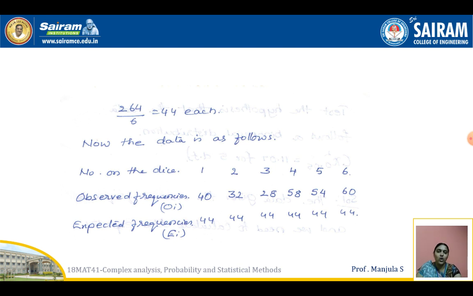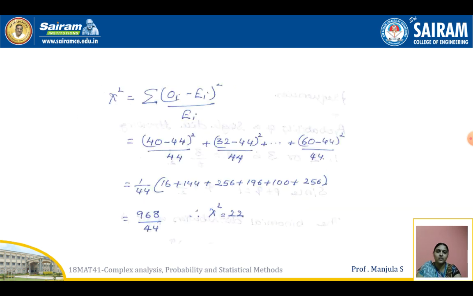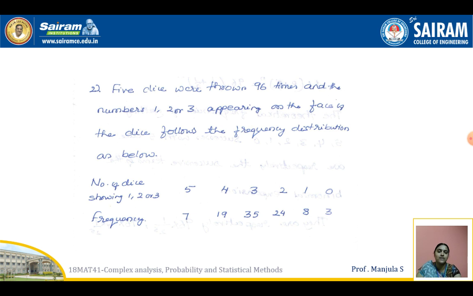Now we know the Oi and Ei values. Substitute these values in the formula: chi-square equals summation (Oi minus Ei) whole square divided by Ei. So (40 minus 44) whole square by 44 plus (32 minus 44) whole square by 44, up to the last value. Simplify with a calculator. We get the value of chi-square as 22. This is our required solution.